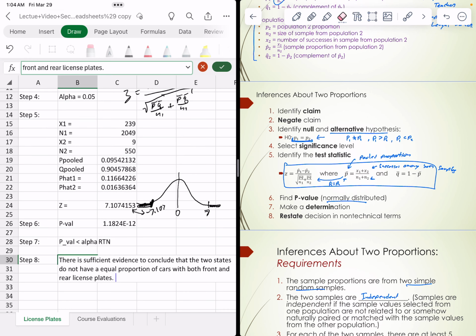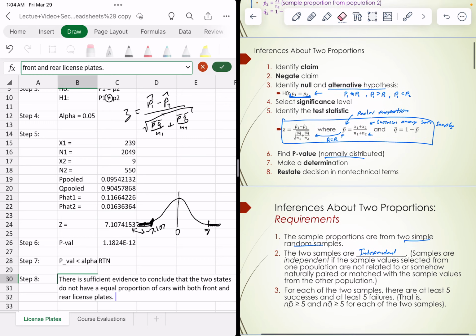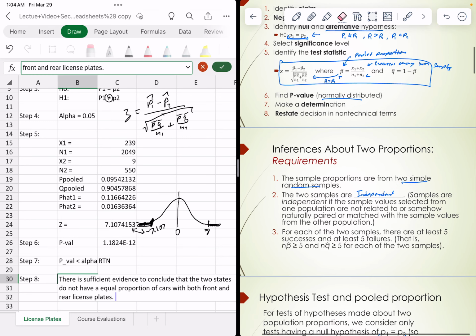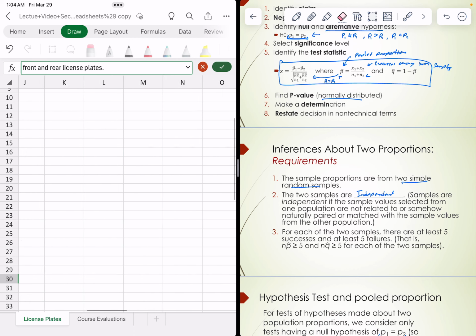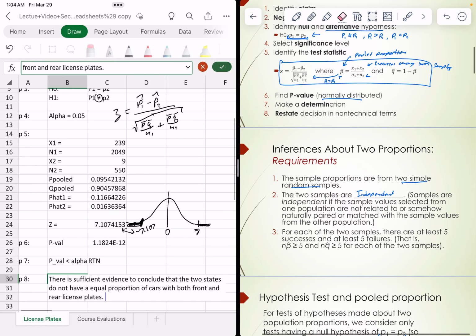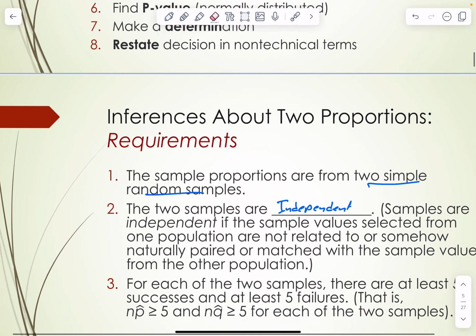All right, there it is. Let's not worry about taking that screenshot. But I have completed this hypothesis test. Smashing. There we go. Okay, let's carry on.